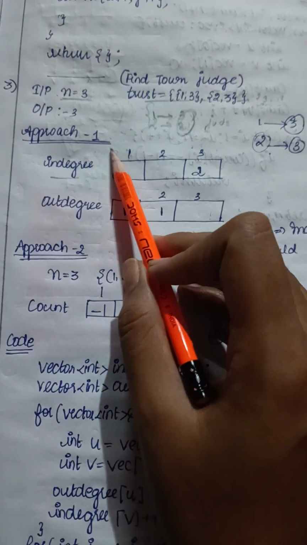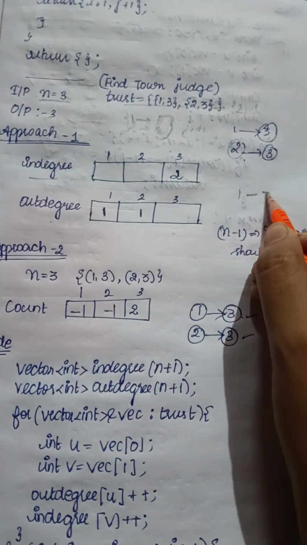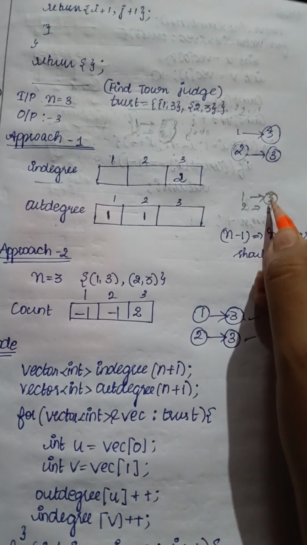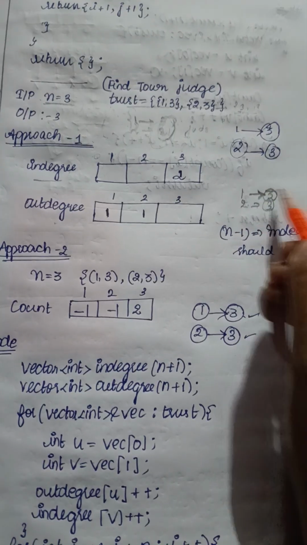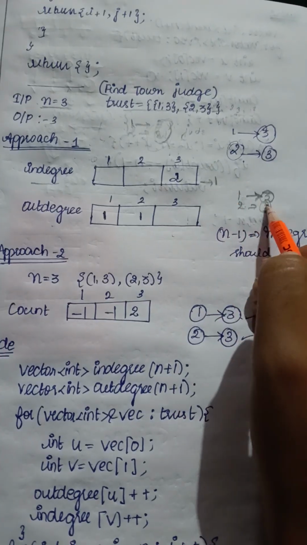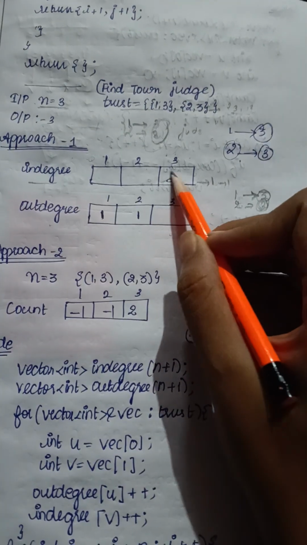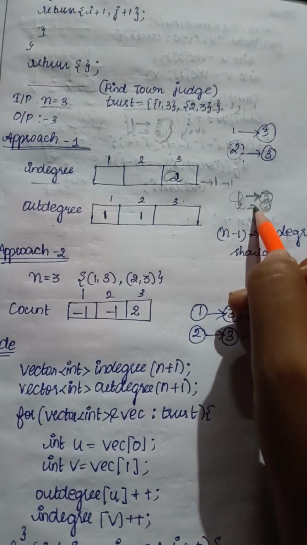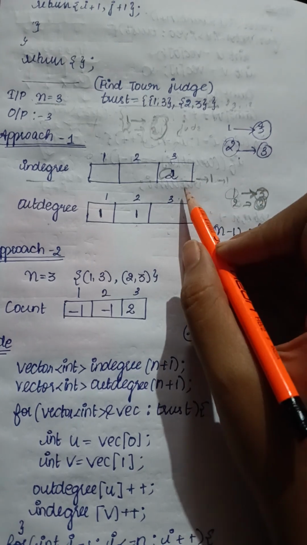With the trust pairs 1, 3 and 2, 3, the arrow pointing towards a person is the in-degree. So for 3, I increment the in-degree to 1, and again for 3, 1 plus 1 makes 2. In the out-degree, 1 has an out-degree and 2 has an out-degree, so those are incremented.